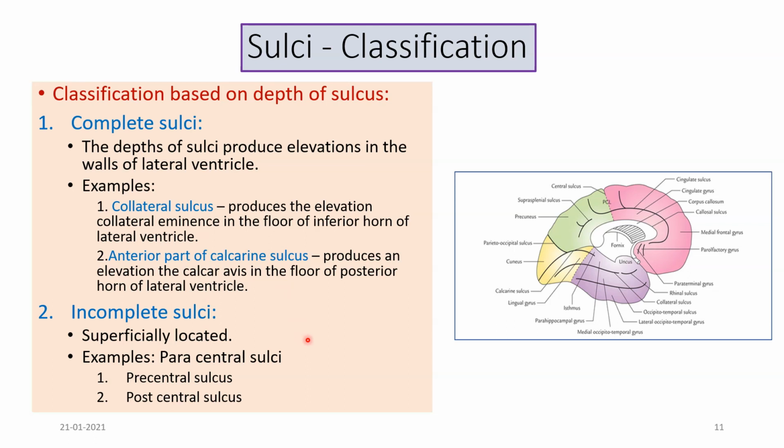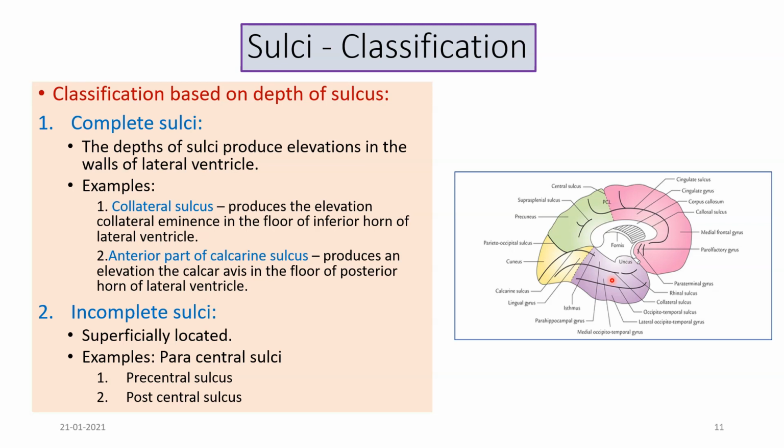The collateral sulcus, which you can see in this picture, extends from occipital to the temporal lobe in the medial surface. So this collateral sulcus produces elevation known as collateral eminence in the floor of inferior horn of lateral ventricle. So the inferior horn is in the temporal lobe.